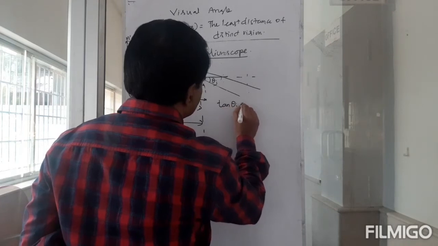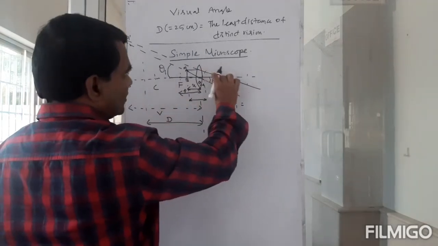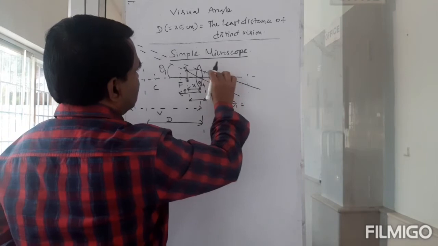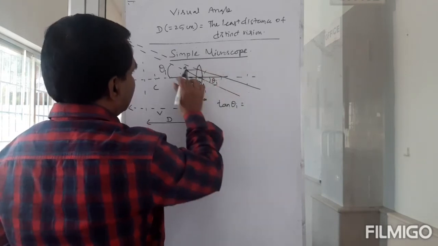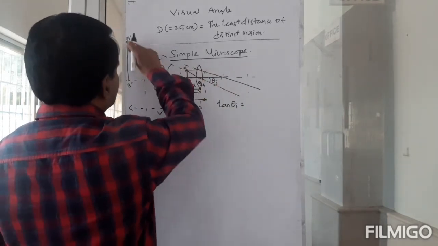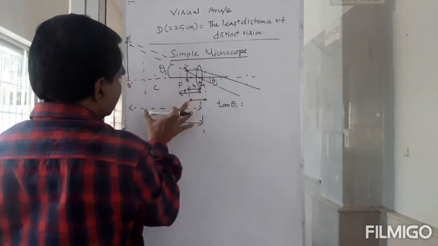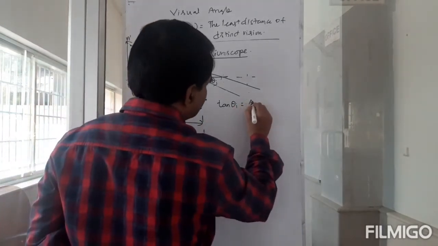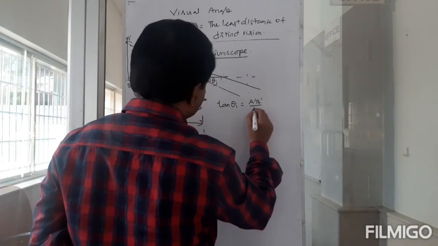So tan theta I, I want this. This is a visual angle, right? Tan theta I is equal to A dash B dash by V, right?